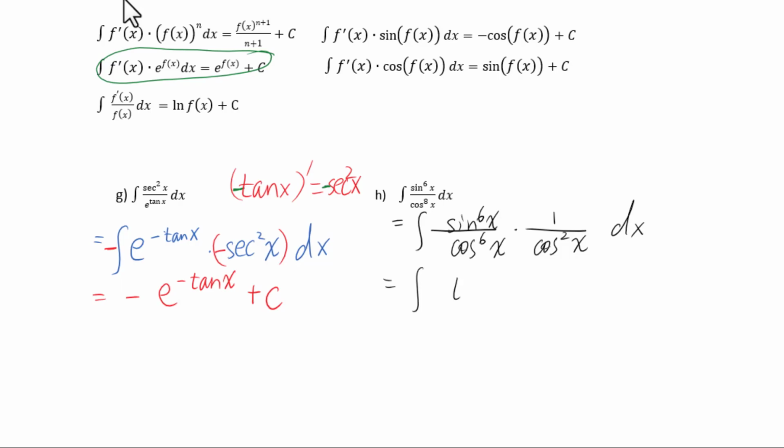So we get tangent 6th power of x times secant squared x dx.